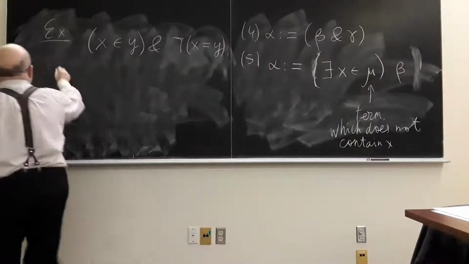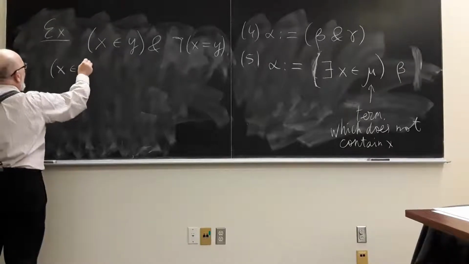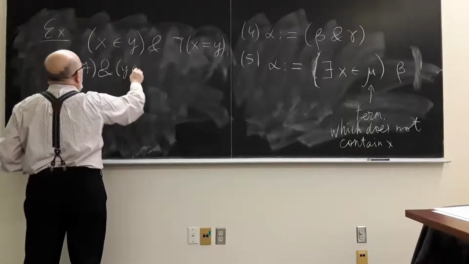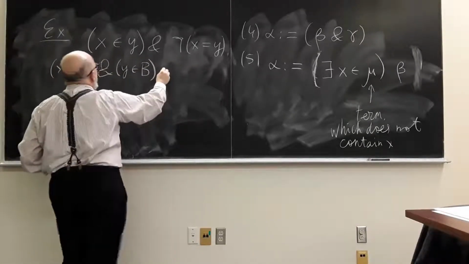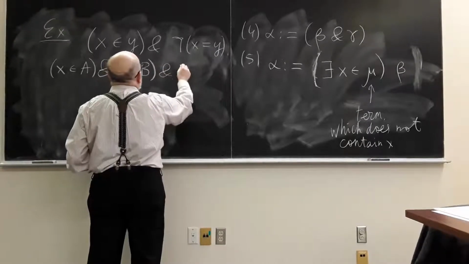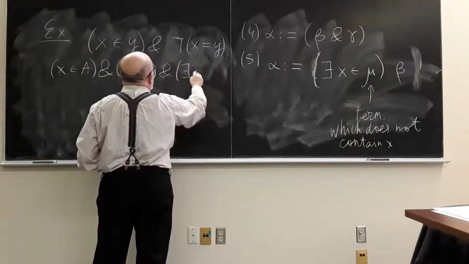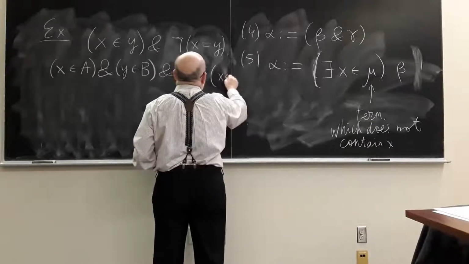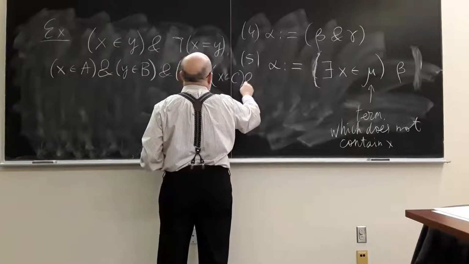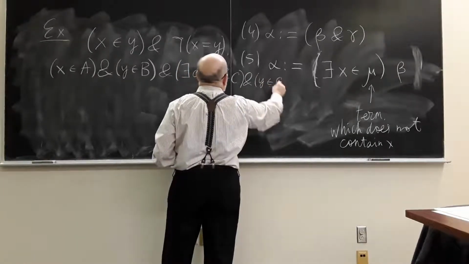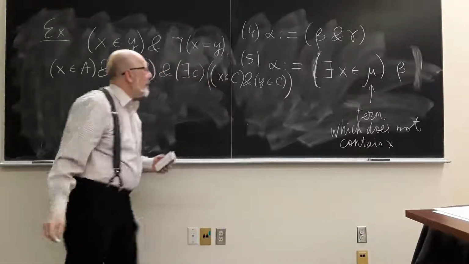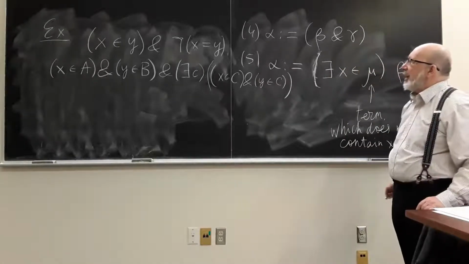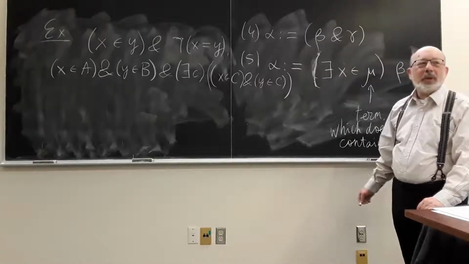Or for example, x element of A and y element of B, and there exists C such that x element of C and y element of C. Again, this is, I would say, a well-formed formula.